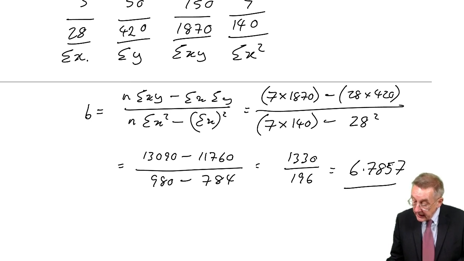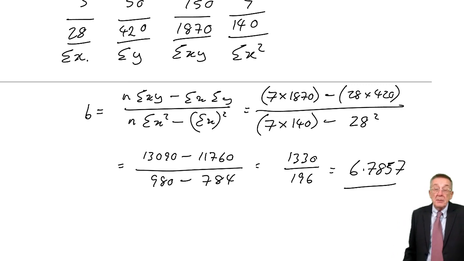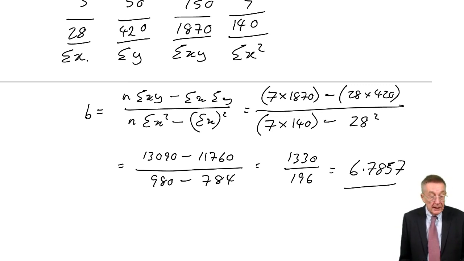And I'll talk about how many decimal places to go to shortly. In fact, normally I would just go to 2 and put 6.79. There's no need to go to lots and lots of places, but I'll come back to why I've chosen 4 places shortly.